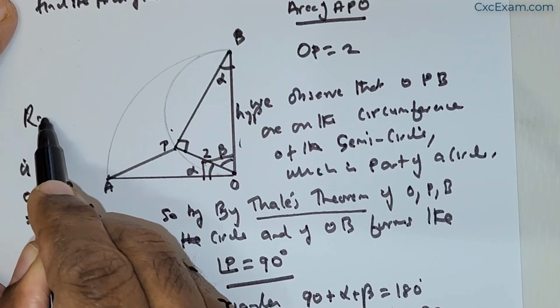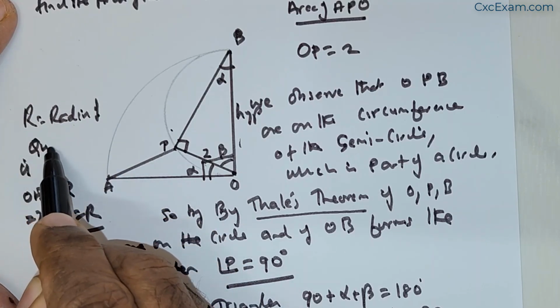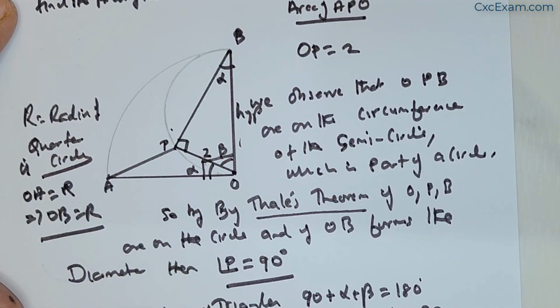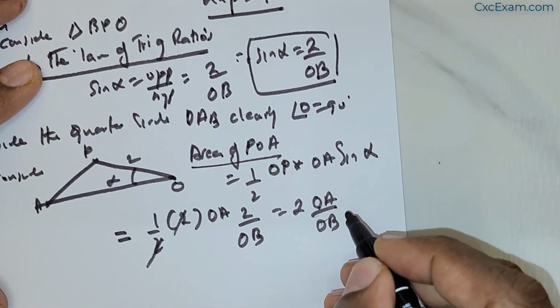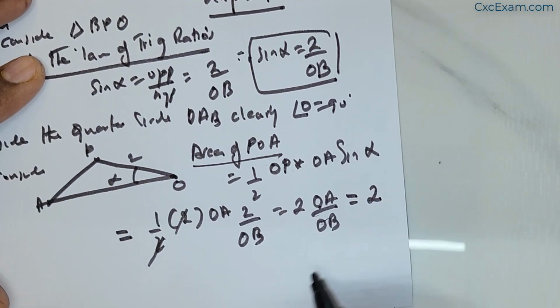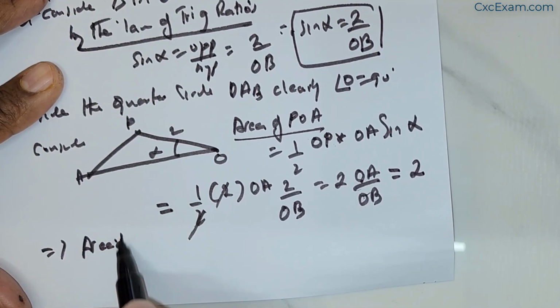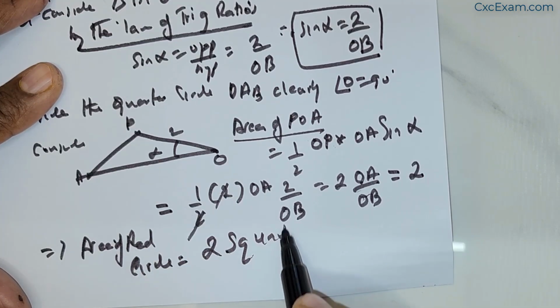Where R is the radius of the quarter circle. Okay, so what happens here? This is R, they get cancelled, giving us what? 2. So what does this imply? This implies the area of the red region is 2 square units.